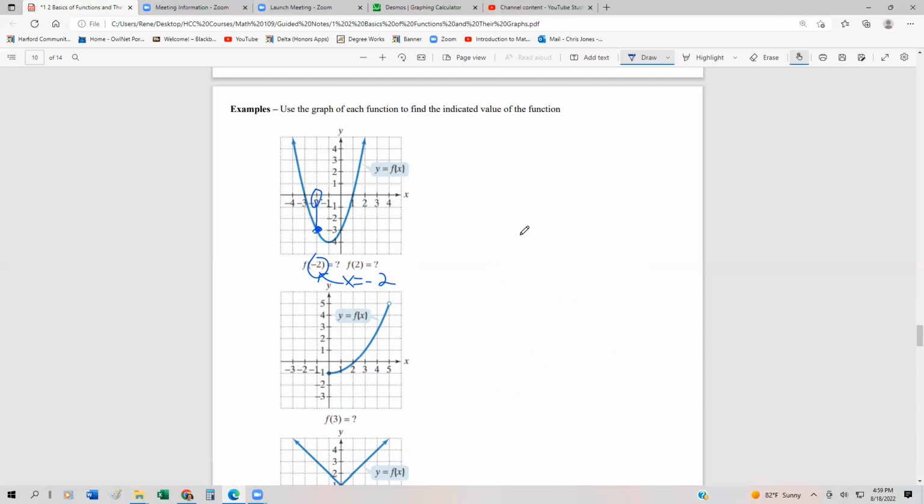The point right here is (-2, -3). So when x is equal to -2, the output is -3, because remember that f of x is the same thing as y. Basically, we're just looking for the y value in the graph.